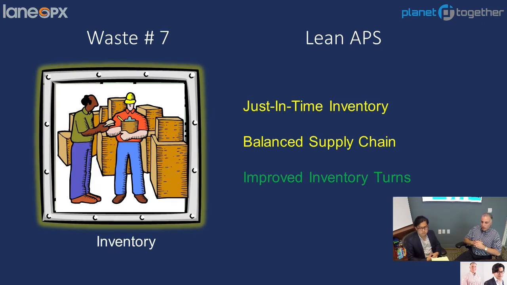So the next waste is waste of inventory, and what I'd like to suggest is, and I certainly have seen this from all my travels around the world, companies that produce products, manufacturing companies, within their cost of goods sold, which is labor, material, and overhead, the material or inventory component typically makes up 60 to 65% or greater of the cost.